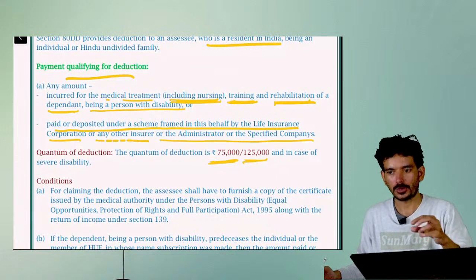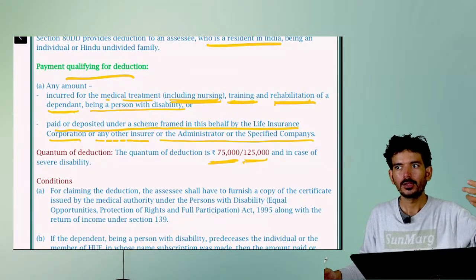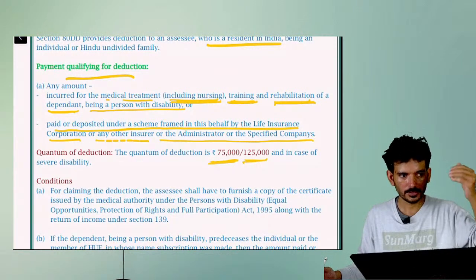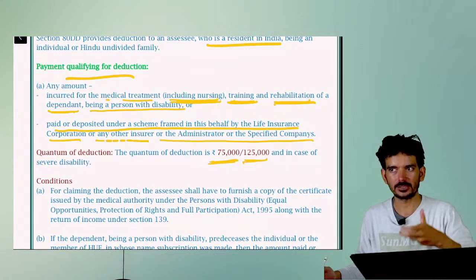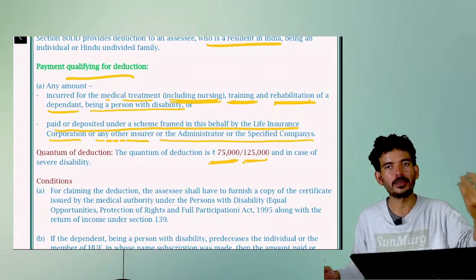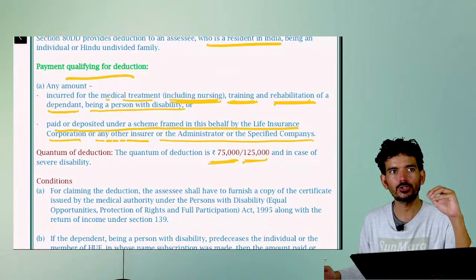Okay, so maybe in articleship you come across this. When someone wants to claim this benefit, they have to get a certificate from the doctor. Generally some specified doctors will give this certificate. That certificate we have to submit, and you have to mention it while filing the return of income. There is no need of actually showing how much you have incurred.